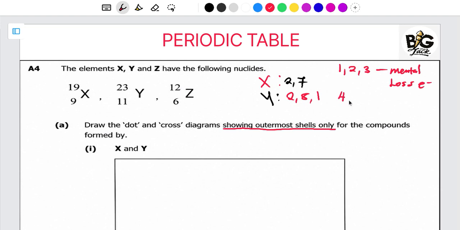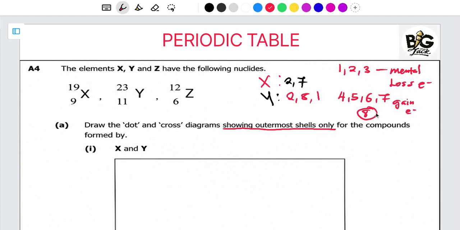Group 4, group 5, group 6, and 7 gain electrons. Whilst group 8 is stable because it has 8 electrons in its outermost shell.